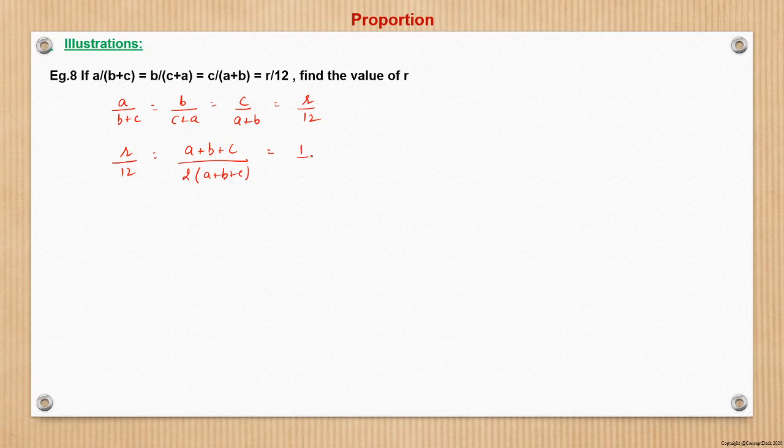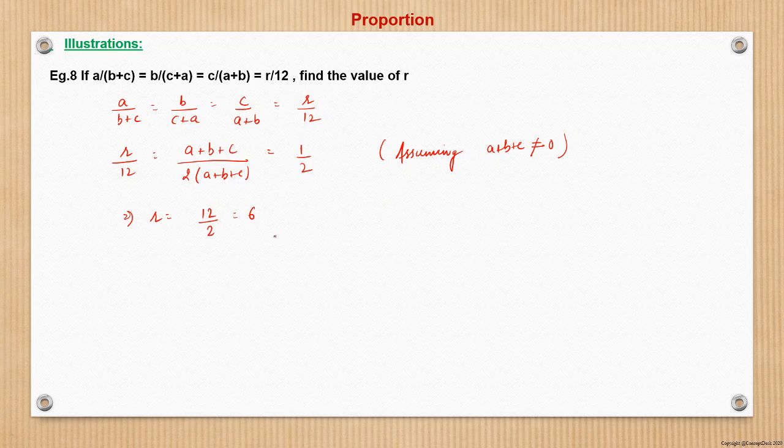The a plus b plus c will get cancelled out. Here we are assuming a plus b plus c not equal to 0, then only it will get cancelled out from numerator and denominator. So r is equal to 12 by 2, which is 6. So r is equal to 6 is the answer.